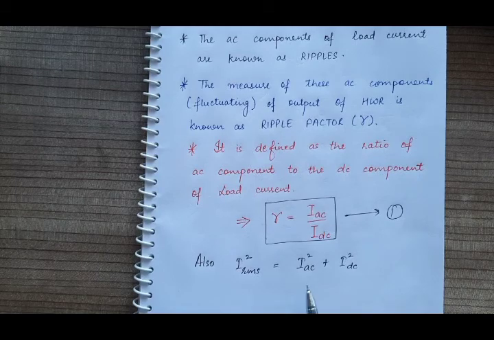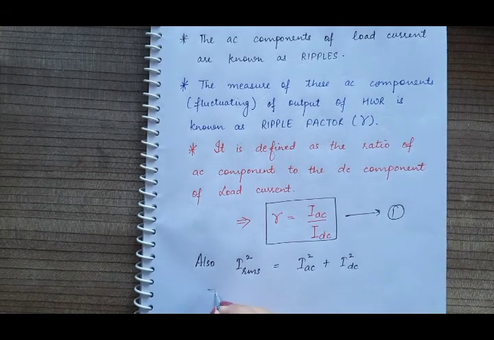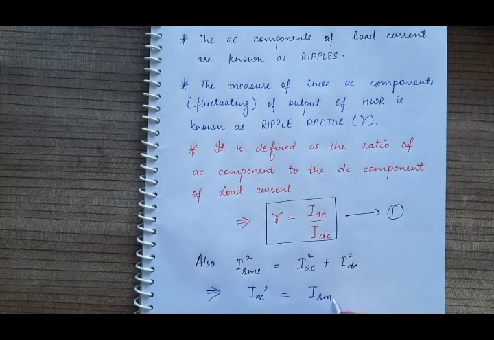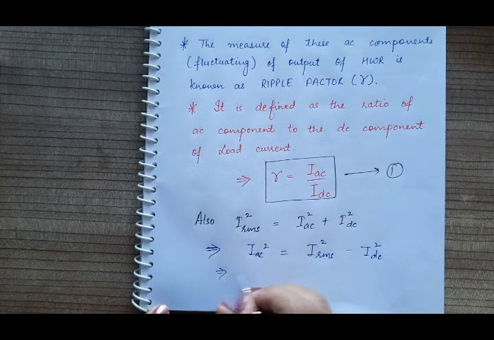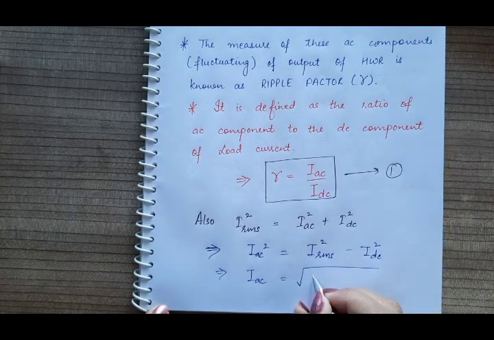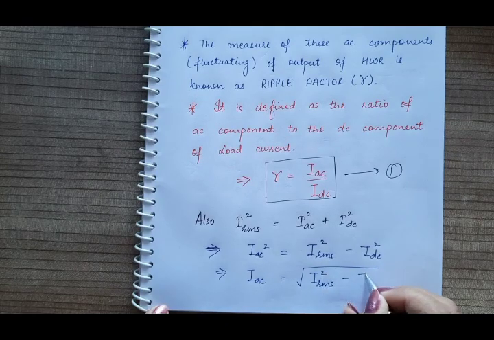From this you can calculate the value of IAC. IAC square is equal to IRMS square minus IDC square. Then IAC will be the square root of IRMS square minus IDC square.